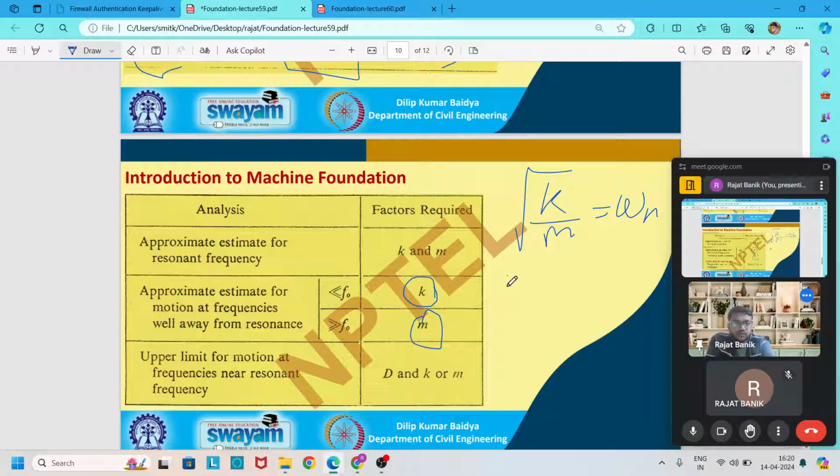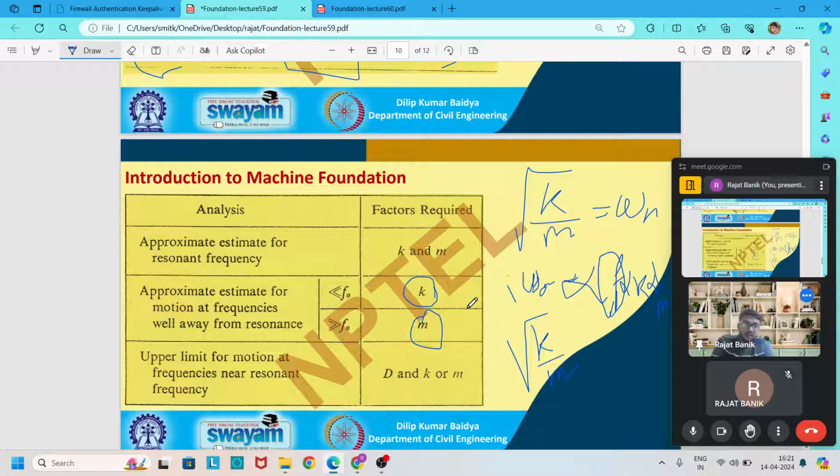So why so? We know that omega is proportional to root of K by M. So it is proportional to K and inversely proportional to M. So if we need the frequency to be less, or very sensitive, then our stiffness should be very less.